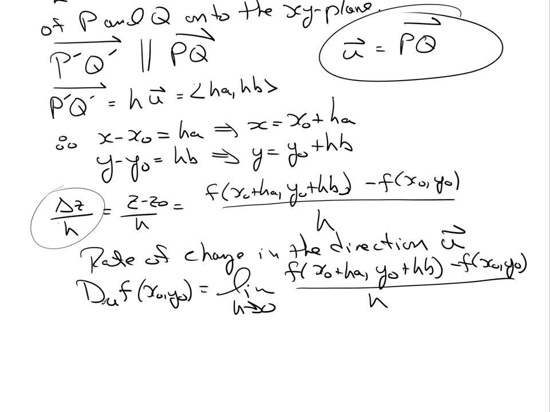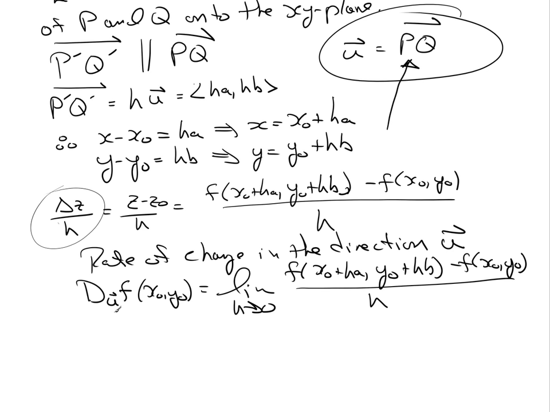And notation-wise, so you understand what just happened here, we've looked at this notation briefly before. This capital D is sometimes used for derivative, like D sub x is the derivative with respect to x. It's very rare to use that notation. As a matter of fact, this usage of it here is about the only time I can think of off the top of my head to actually see this notation. So this is the derivative with respect to the vector u, which again is this PQ, of this function.